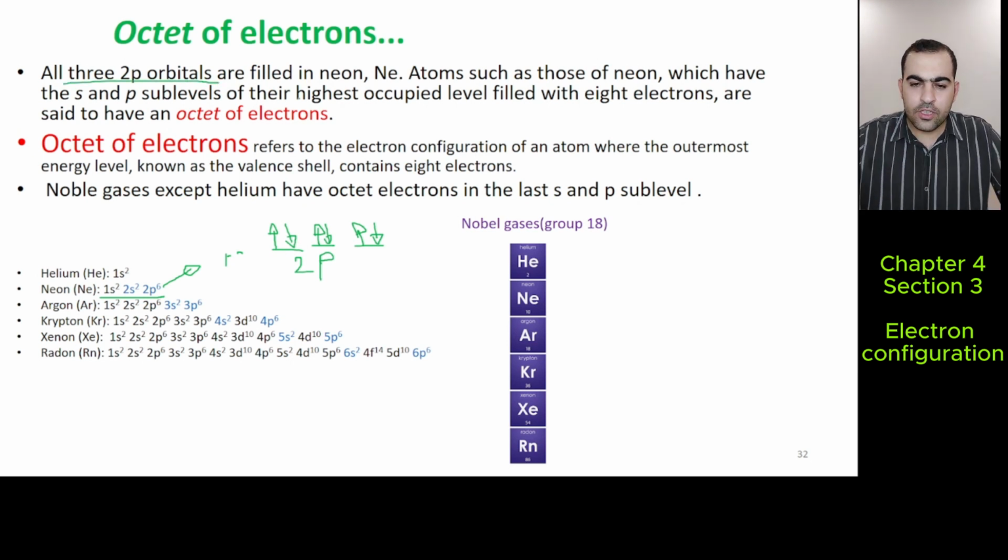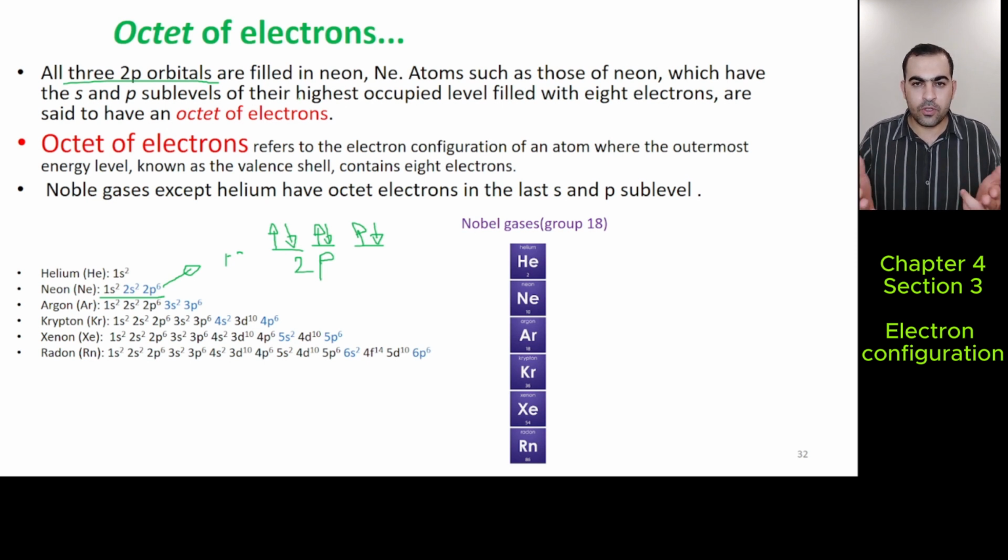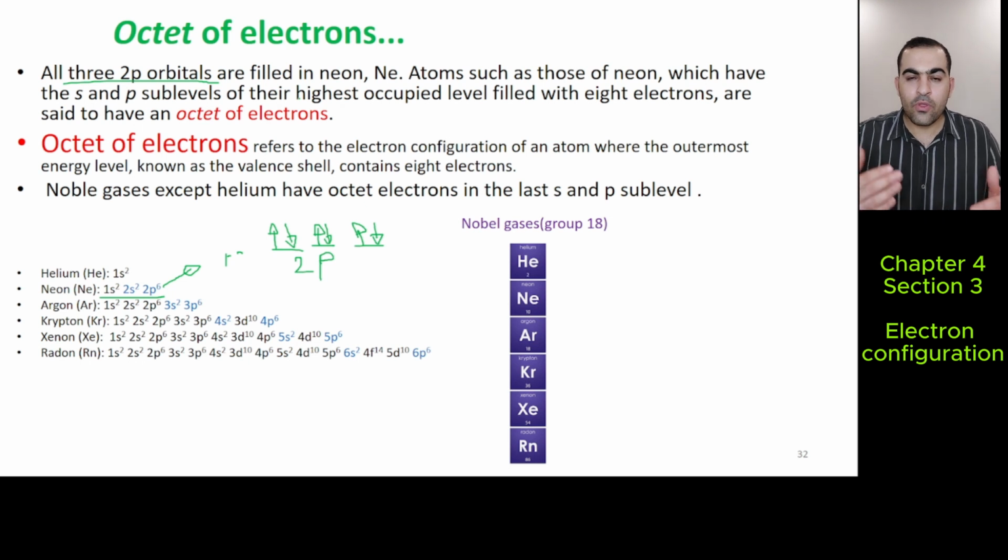Atoms such as those of neon, which have the s and p sublevels of their highest occupied level filled with 8 electrons. Look, neon, its last s and p are filled. When s and p are filled, p contains 6 electrons, the maximum it can hold, and s can hold a maximum of 2. Together 6 plus 2 is 8.